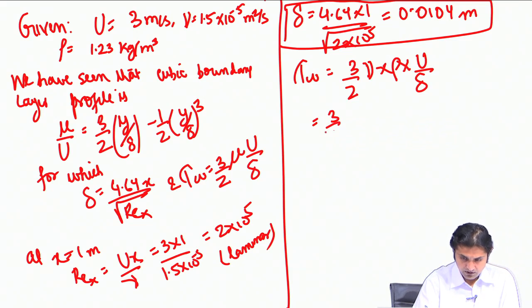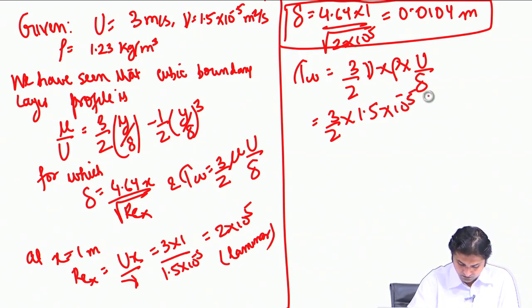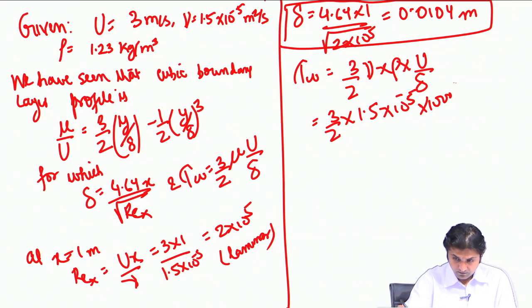So this is going to be 3 by 2 into 1.5 into 10 to the power minus 5 into 1000, into 1.23 into 3 divided by 0.0104.